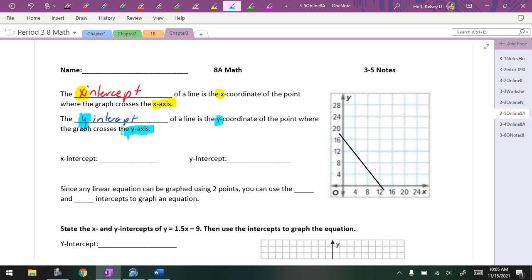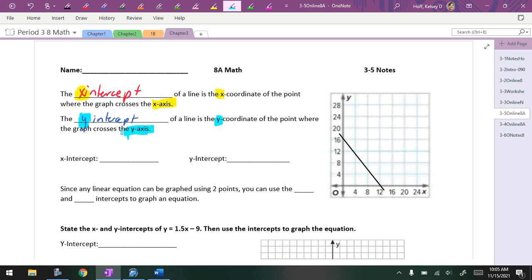Difficulty today is keeping track of which axis is which. X runs horizontally. Y runs vertically. 97% of the time they're labeled. Today, you're always going to have a dot on the x-axis and a dot on the y-axis. They're going to give you a graph and ask, what is the x-intercept?